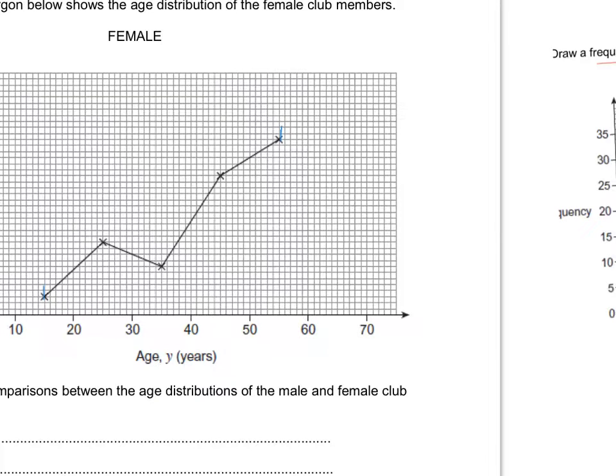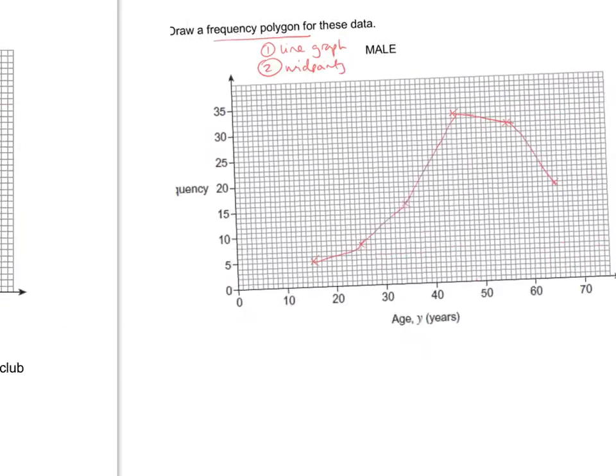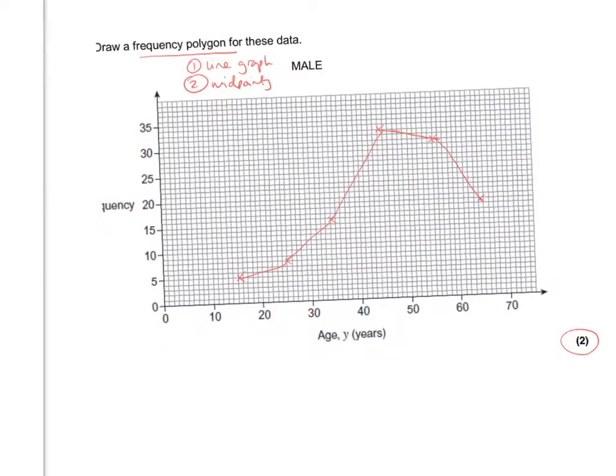So look at that, that's quite small in comparison to the males, where the males was that one there to there, okay? You can't actually go and work it out, because like I said, this value here, we just knew that was somewhere between 60 and 70, we plotted it at the midpoint, but you can say that the range for males is bigger, meaning that there's a bigger age distribution between them, okay?